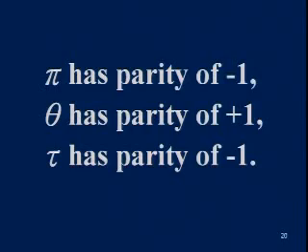The theta decays to 2 pi's, and so therefore it has a parity of -1 to the second power, namely +1. Tau decays into 3 pi's, so therefore it has a parity of -1 cubed, and therefore it has a parity of -1. So theta and tau do not have the same parity.